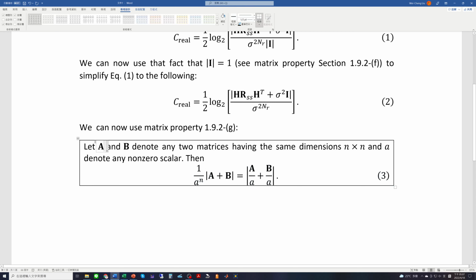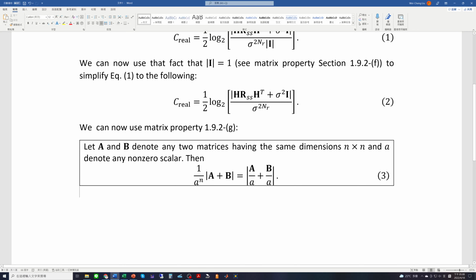Let A and B denote any two matrices having the same dimensions n by n, and a denote any non-zero scalar. Then 1 over small a to the power of n times the determinant of capital A plus capital B is equal to the determinant of capital A over small a plus capital B over small a.